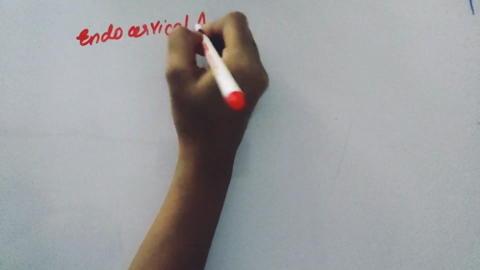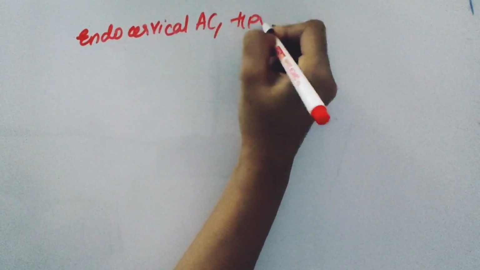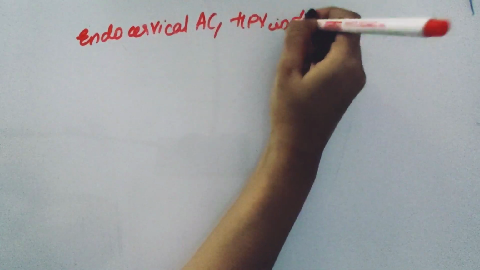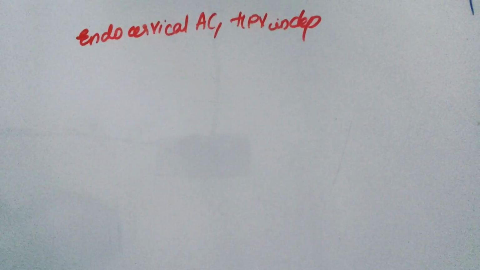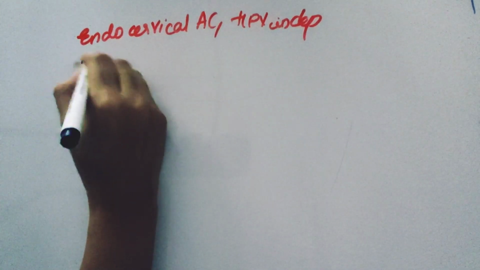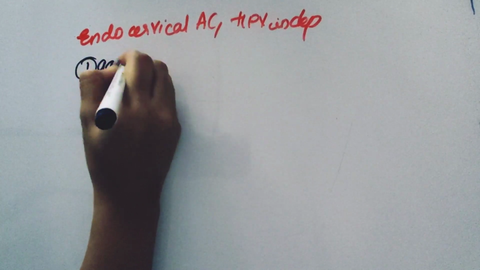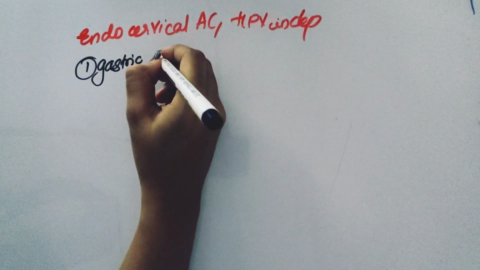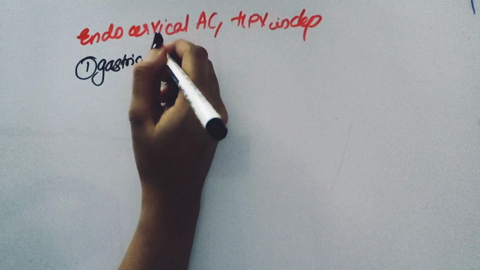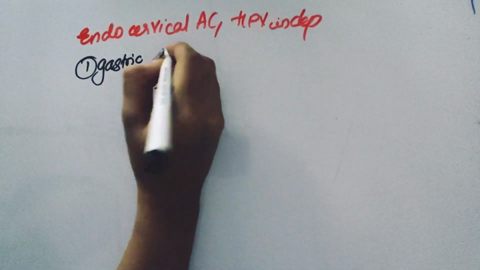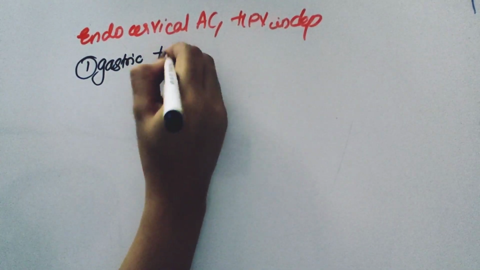So next we will be talking about the endocervical adenocarcinoma, which is HPV independent. In that also, I had told you 4 types, that is gastric type, which I'll be discussing first. Then there is endometrioid, mesonephric, clear cell type, and obviously the adenocarcinoma NOS, which I won't be discussing.